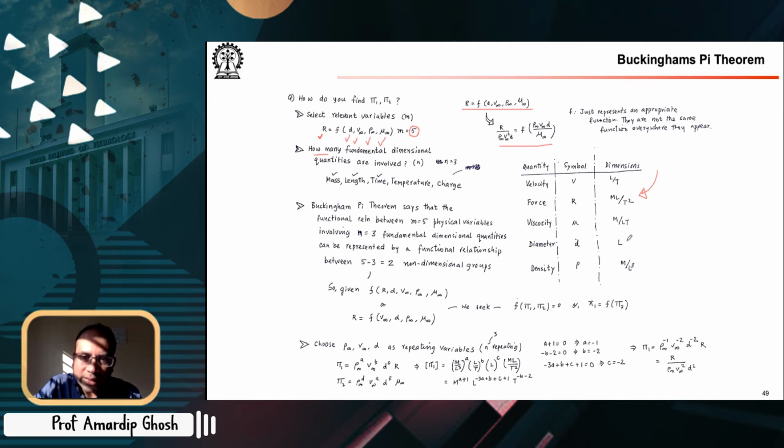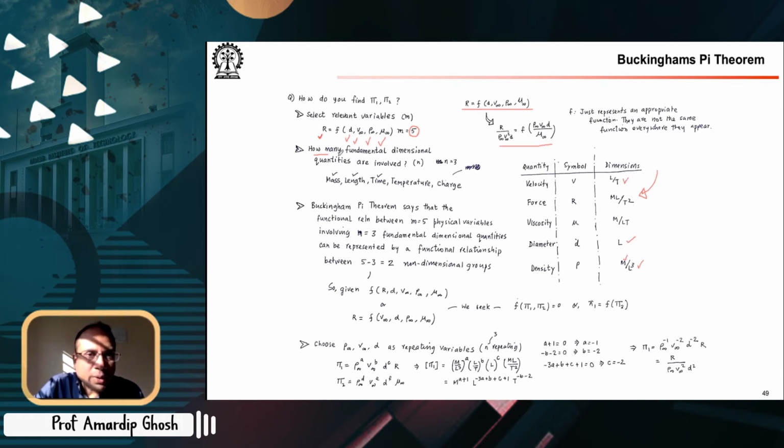Diameter is just length, L. The density is mass by volume, M by L cubed, and similarly for viscosity, and force is given by mass times length by time squared.